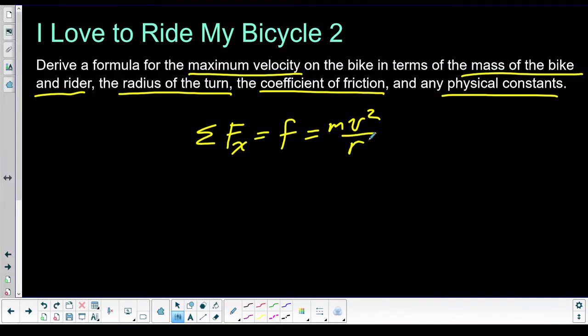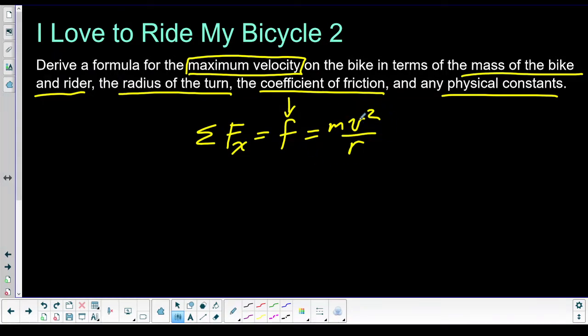All right. It says derive a formula for the maximum velocity. At some point, I'm going to be going too fast and my bike will just slip out from under me. What that situation would be is if friction is not strong enough to give me this required amount of force.